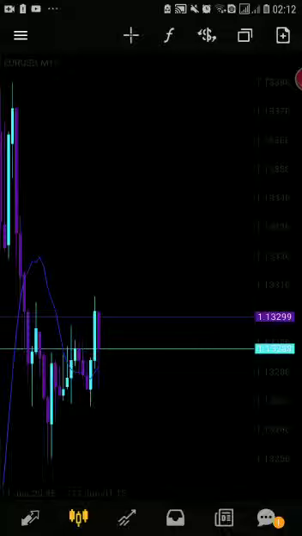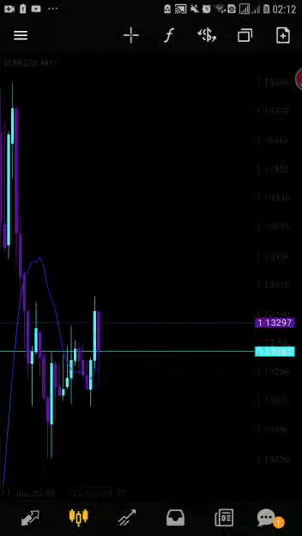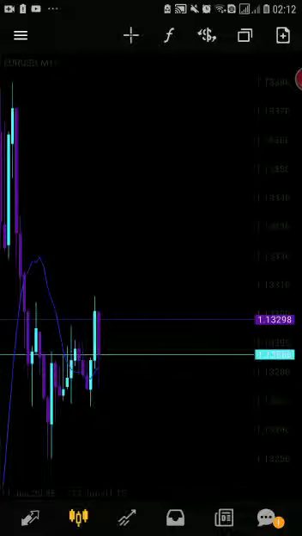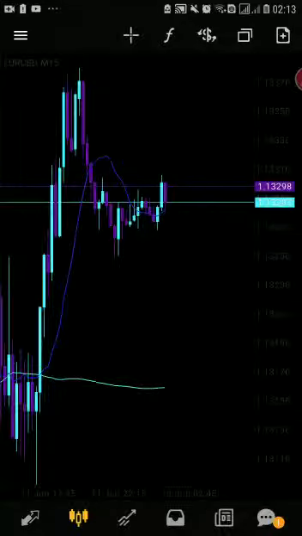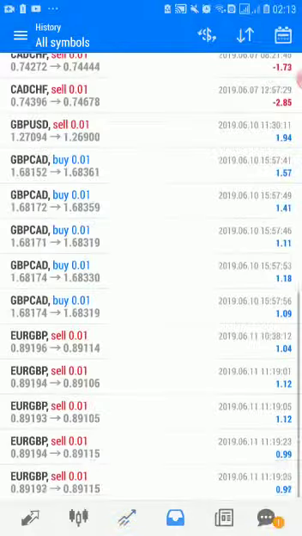Euro GBP, we sold using a micro lot size of 0.01, and it moved from 0.8912 to 0.89116 and gave us a profit of 0.97. How many pips did this move for me to know how much I got?